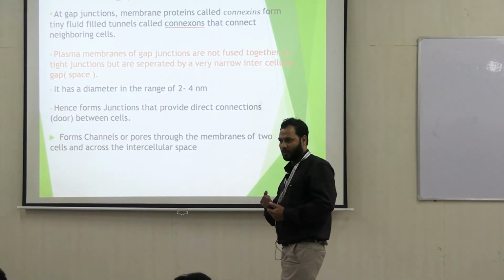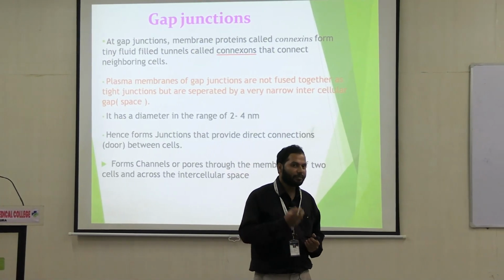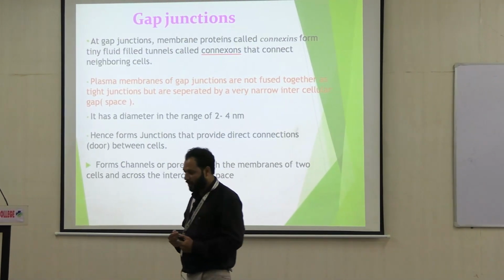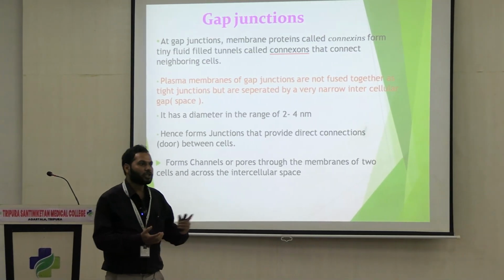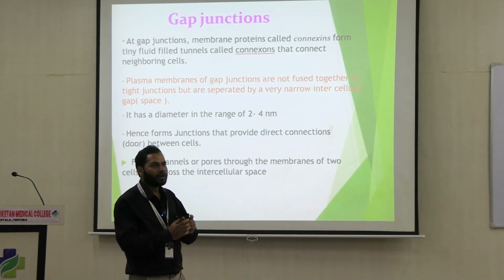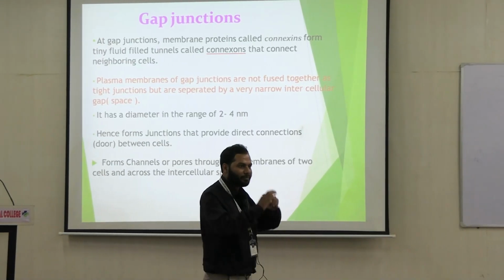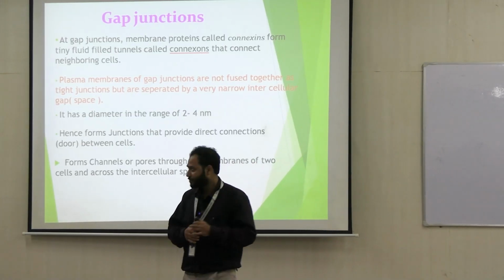In a single connexon, there are 6 subunits of connexin, and that makes a single connexon. So the connexon present in one cell is attached to the connexon present in the adjacent cell, and they form a channel. In the channel, there is a passage that allows molecules to pass through, right?